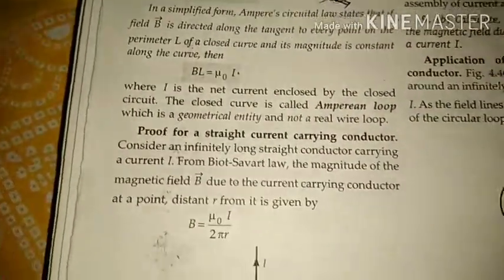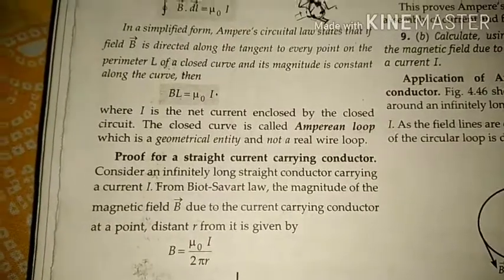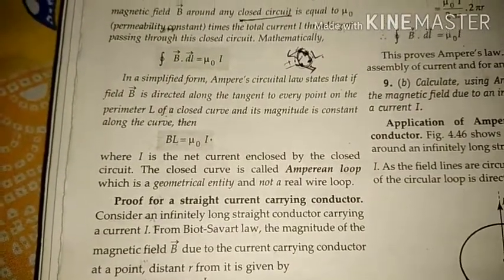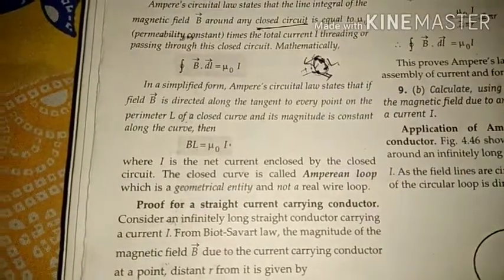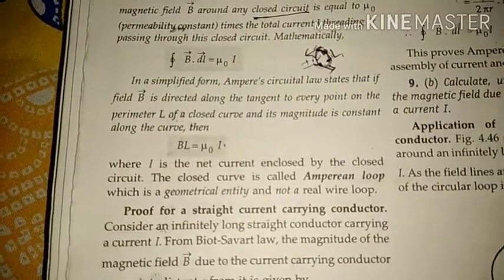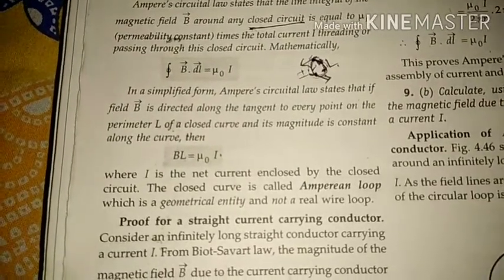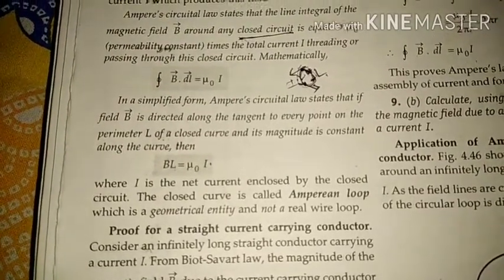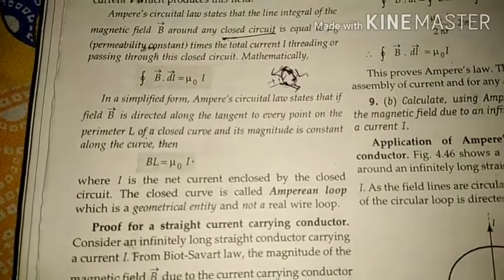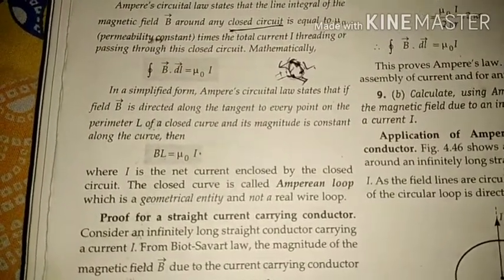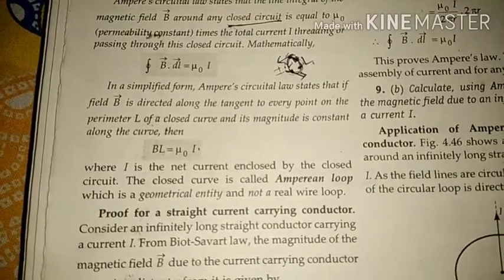I is the net current enclosed by the closed circuit, and this closed curve is called the Amperian loop. As with Gauss's law, where first we select a Gaussian surface, similarly here when we apply Ampere's circuital law, we also select an Amperian loop.